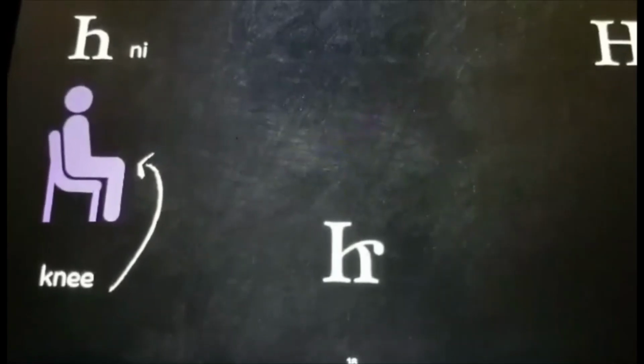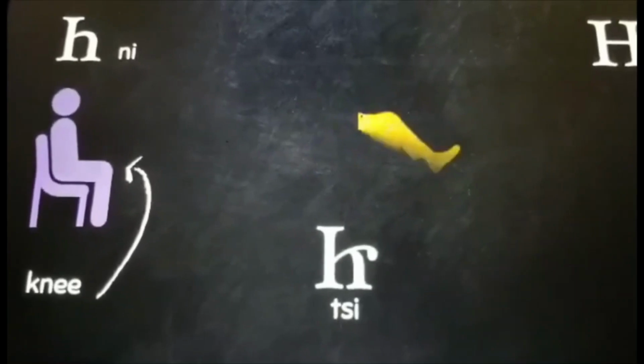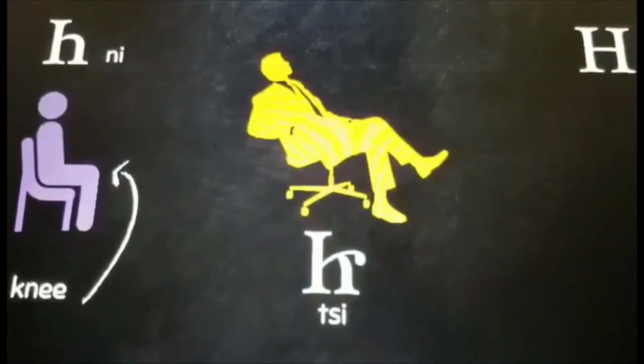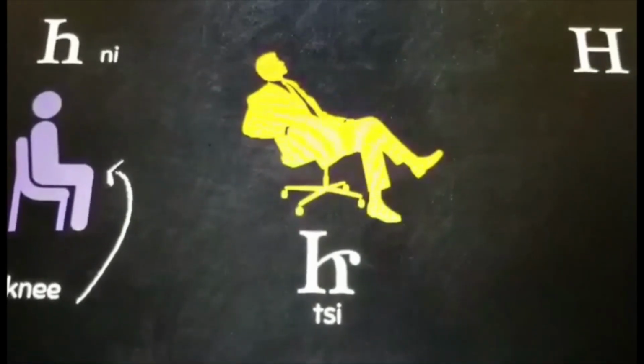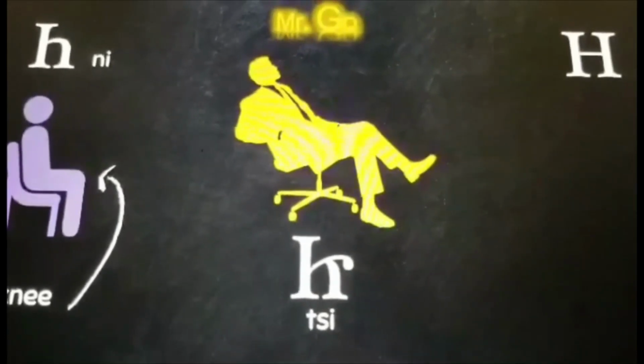So, ni. Then you have ji. Similar to ni, but I think of somebody extra fancy, kicking their leg out, just kind of being like Mr. GQ. G, there's just being extra.